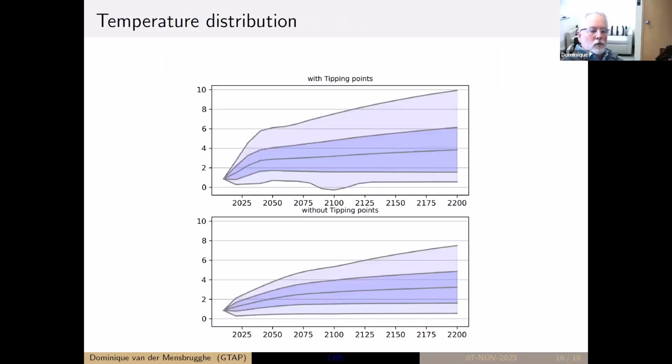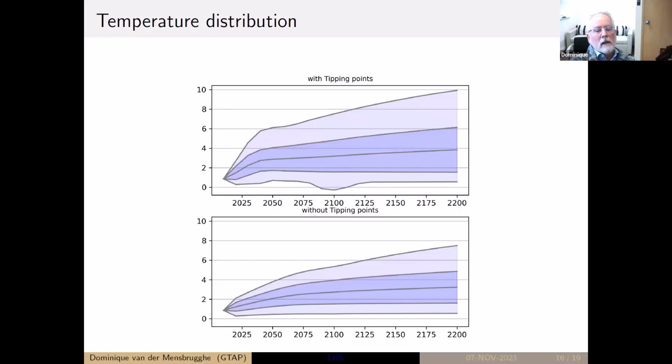This chart shows the potential range of change in temperature between now and 2200. So the curves on the outside are the min and the max, and the dark purple area is the 95% range for the temperature change.